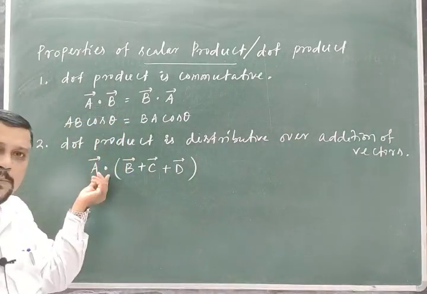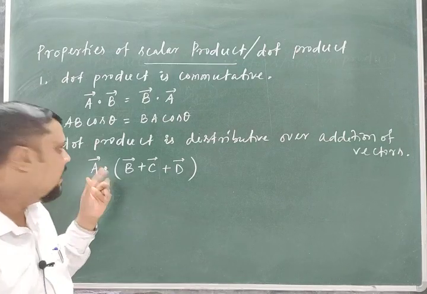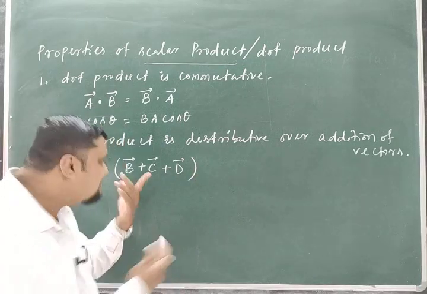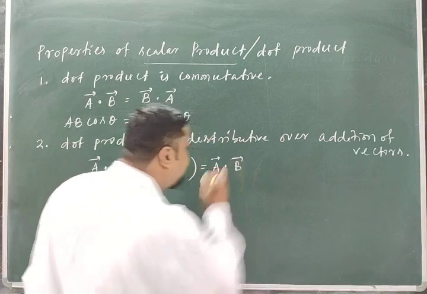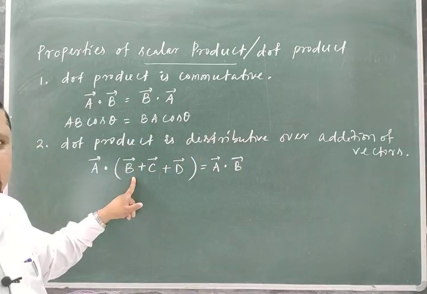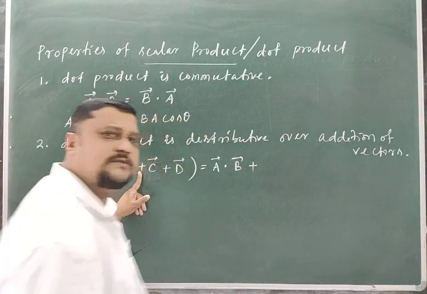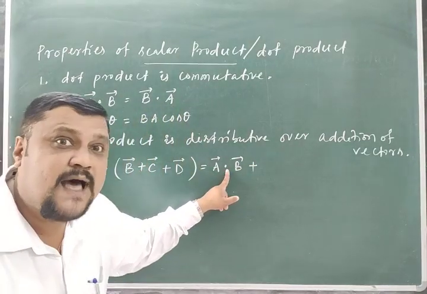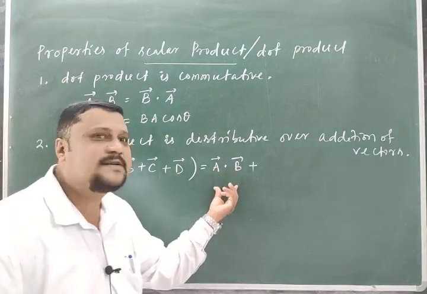The dot product of A is distributed over each vector that is added. So you can write this as A dot B, A is distributed to B, then as usual a plus sign, then A dot C. Simple multiplication, but the important thing is you have to put the dot symbol. This will give you a scalar.